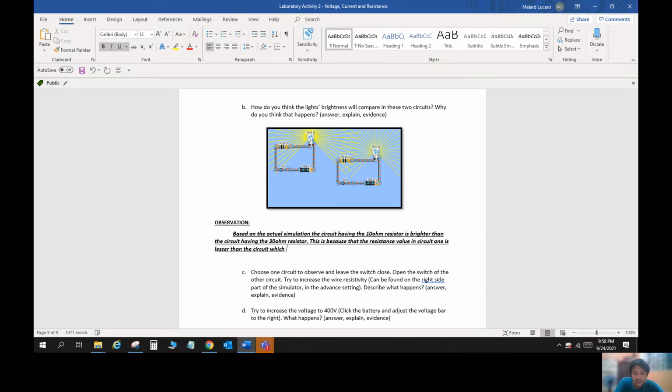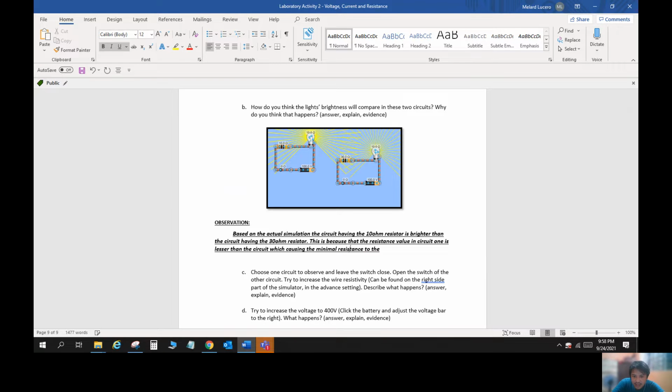which causing minimal resistance to the circuit. O, tama naman, di ba?